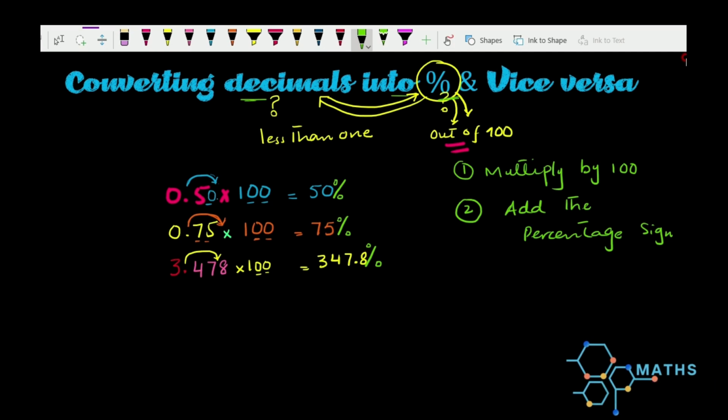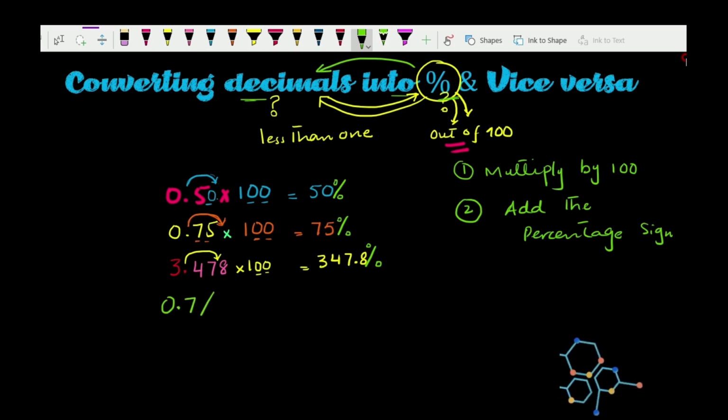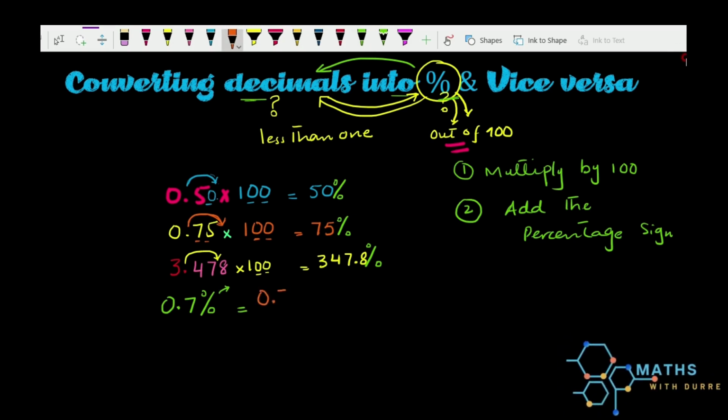But what if we want to convert percentages into decimals? How can we convert it? If we have a number with a percentage sign, how can we convert it into a decimal number? As you know, the percentage sign means out of 100. So whatever the number is given, you have to write it, and this percentage sign you will write as over 100, or you can say out of 100.